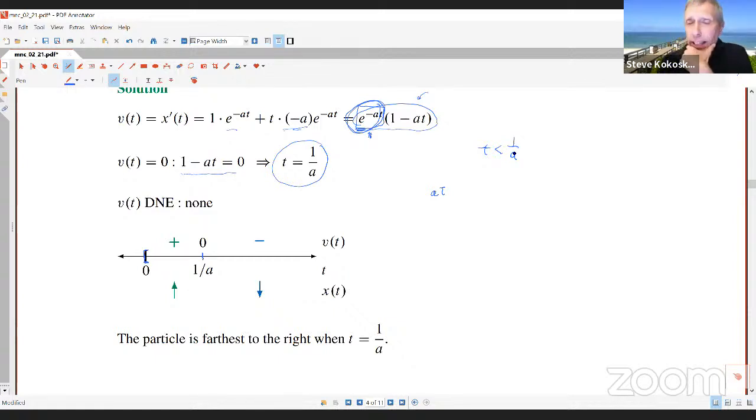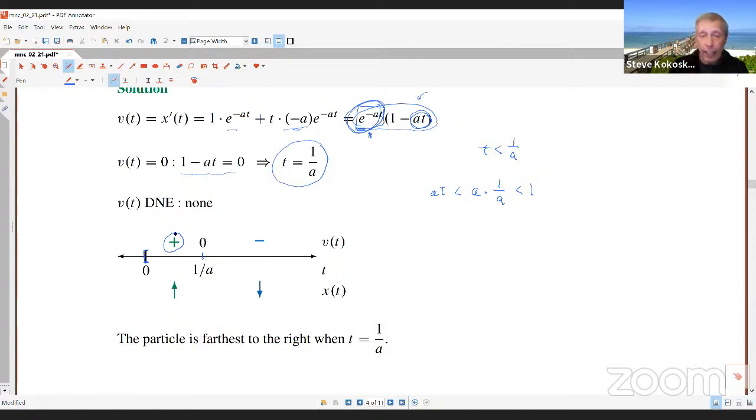Well, that means that a times t would be less than a times 1 over a, which would be less than 1. So this expression would be less than 1. So 1 minus that is going to be positive.